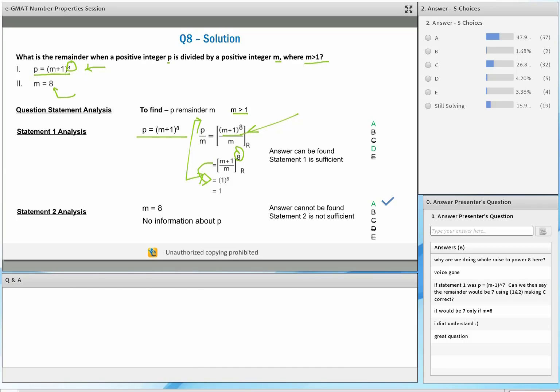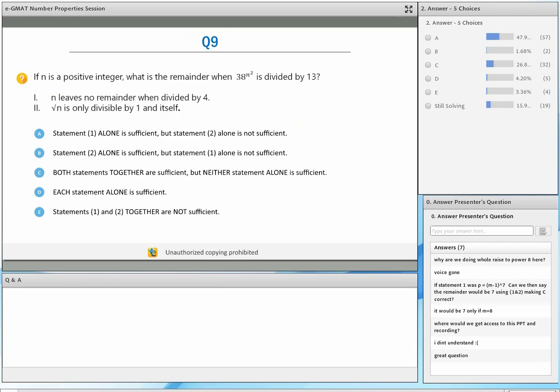Remember, I asked you to work out how we can add remainders and why we can multiply remainders. When you work that slide out, your conceptual clarity will improve, and this question will become a lot more straightforward.